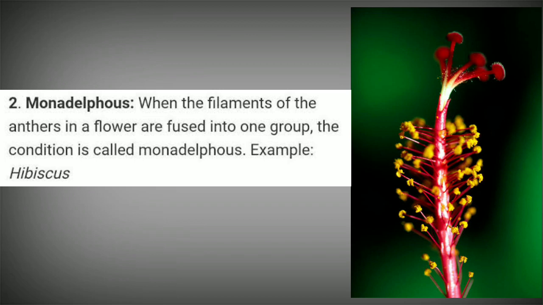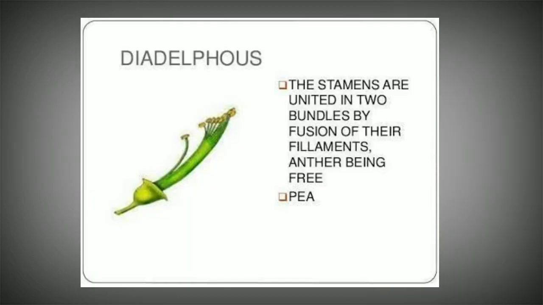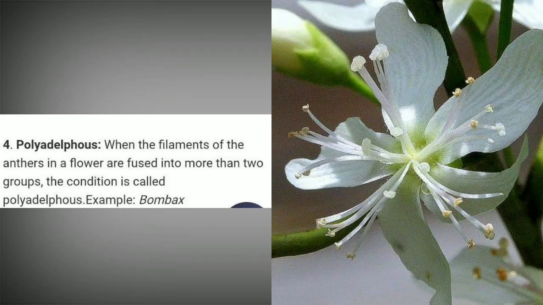That means all the stamens are arranged in one bundle, and such a condition is called monodelphous. Similarly, when the stamens make 2 bundles, it is called diadelphous, and when there are many bundles of stamens within a flower, it is called polydelphous.